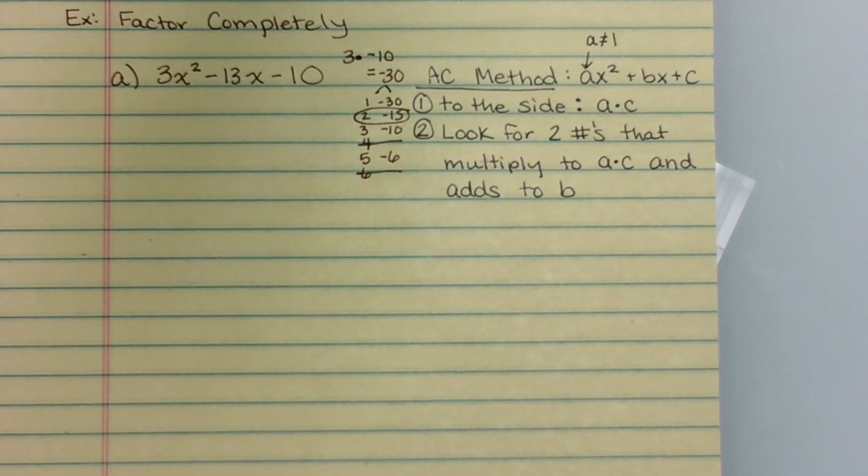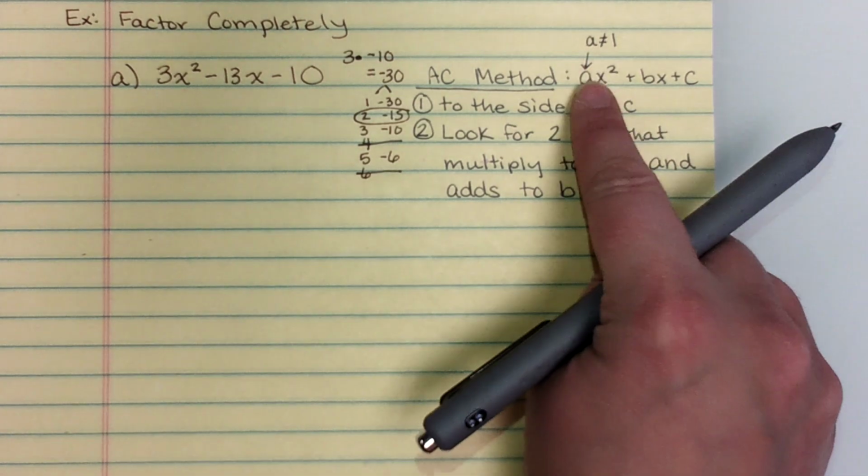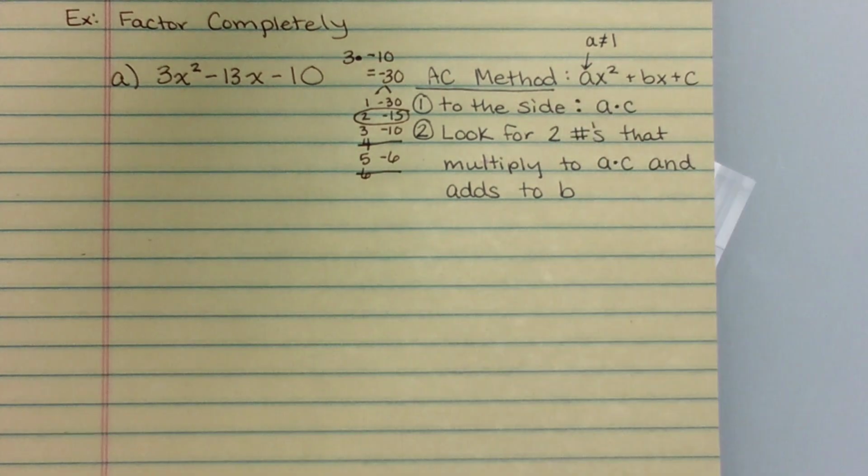Now, when you do the shortcut, once you find those two numbers, you can go directly to double parentheses and get your answer. That doesn't work when there's a number in front, though. Because you can't just say x plus a number and x plus a number. Because, question for you.